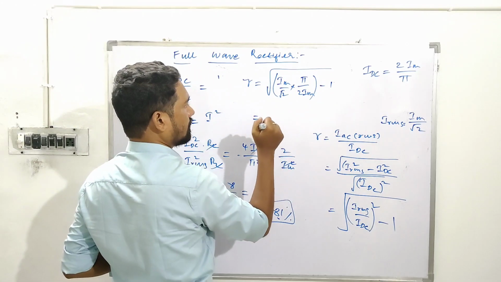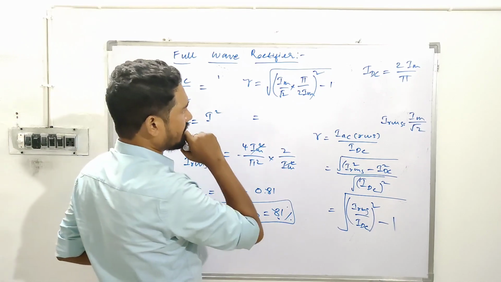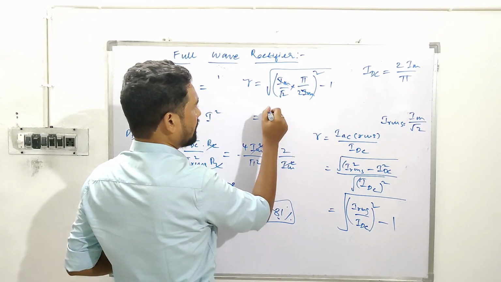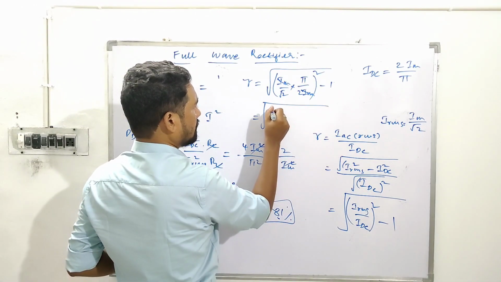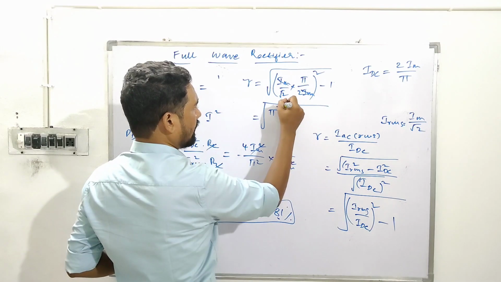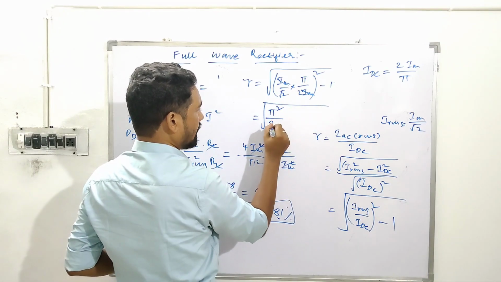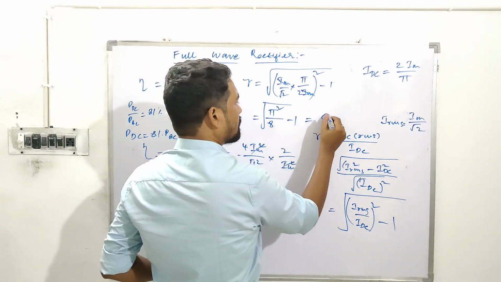Im gets cancelled, and that will be under root pi squared upon 8, minus 1.